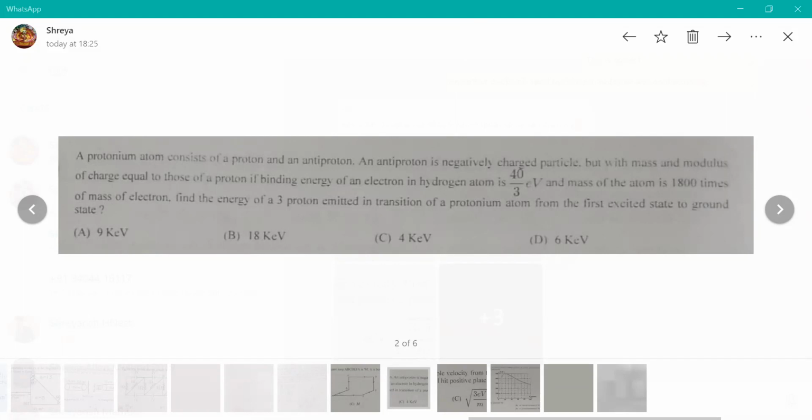So the only way I can interpret the question, Shreya, where is this question from?